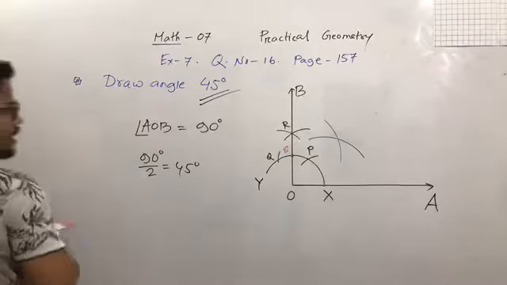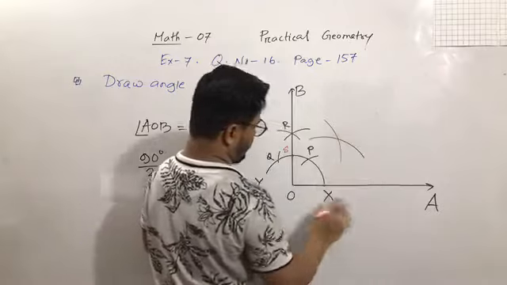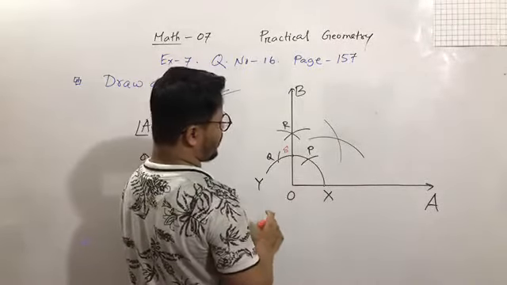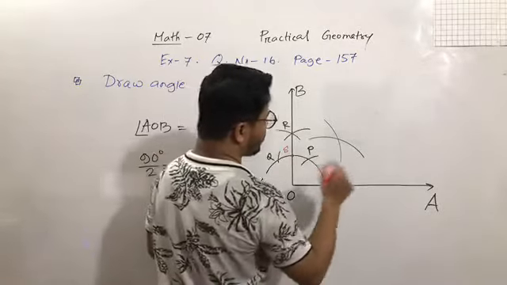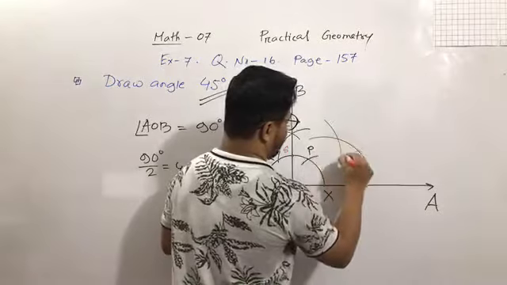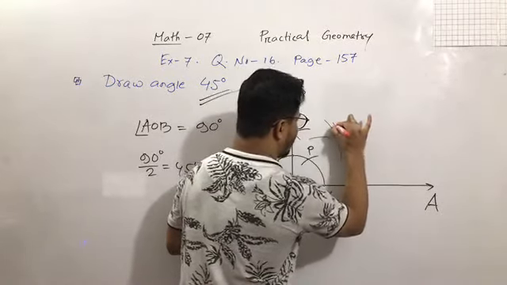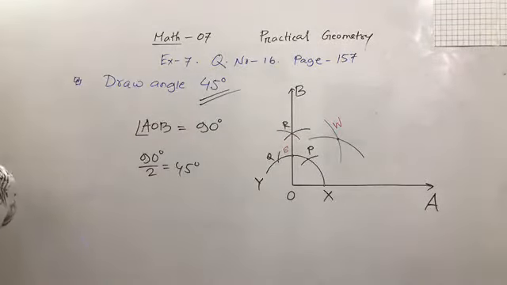These two bisect lines intersect each other at, we can use here P and Q. Okay, this one we can mention here W. Now draw a line.